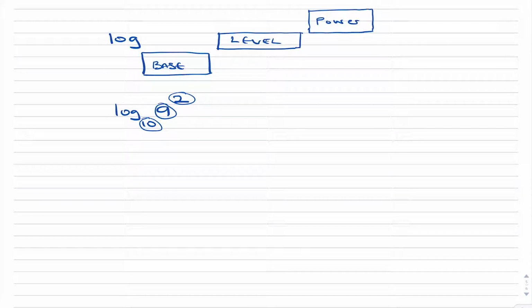Now, when we write log in terms of the base, level, and power, we can then rewrite this expression as power times log of base and level. This is called using power law.